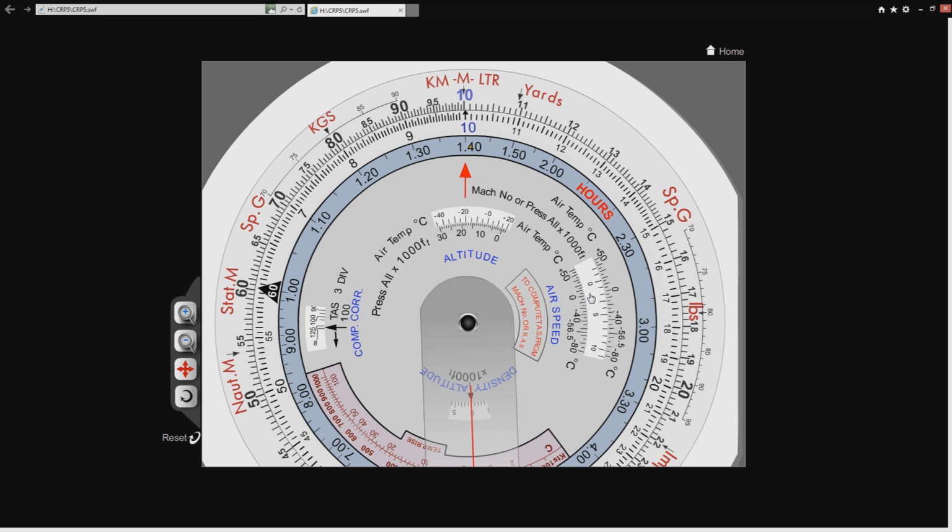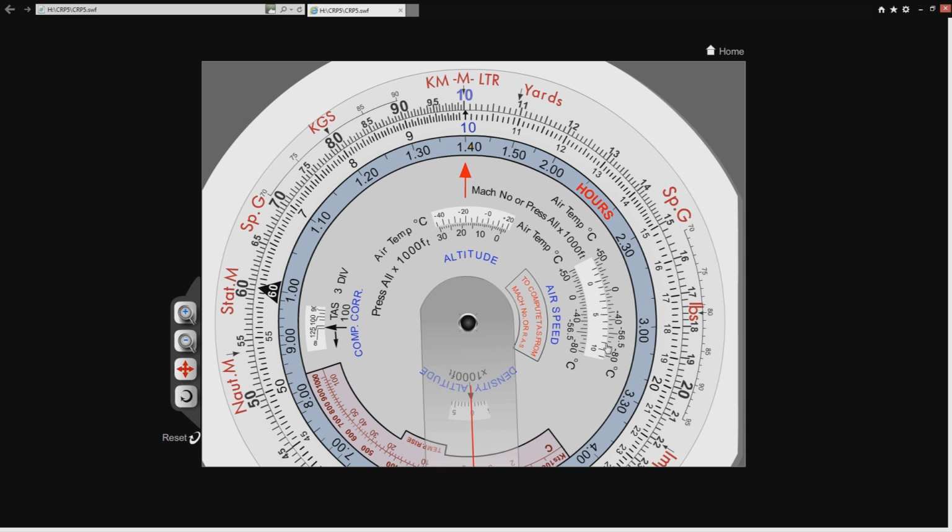So for every 1,000 feet that you climb, the temperature decreases by 2 degrees. So if we're at 10,000 feet, the temperature is going to be 20 degrees colder than it is at the surface. So if I start out at the surface and the temperature is 15 degrees, by the time I get to 10,000 feet, I've lost 20 degrees, and 15 minus 20 is minus 5.